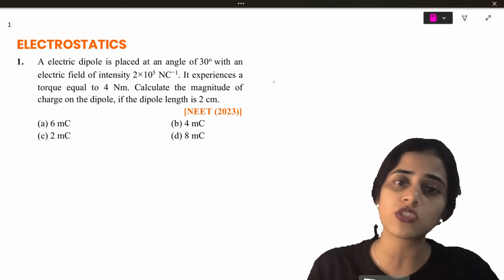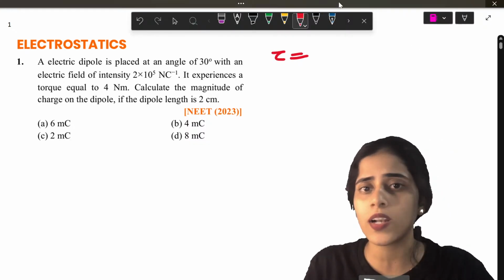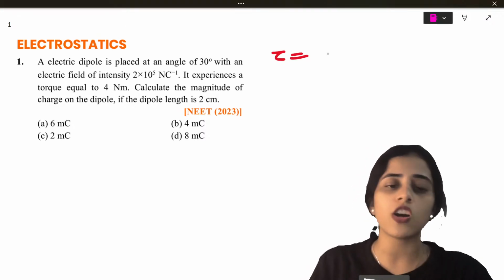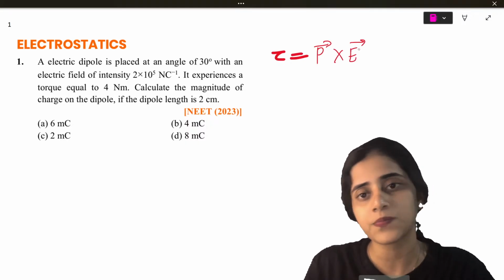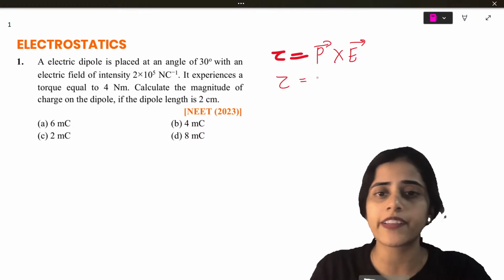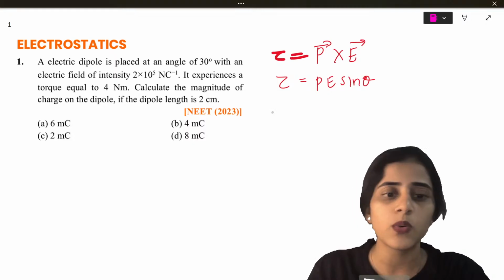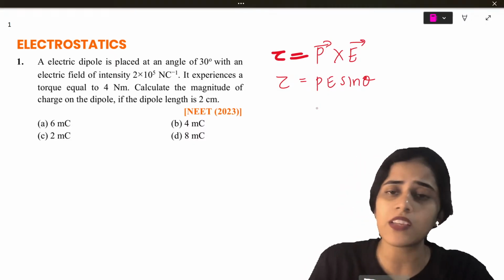So first thing you need to know, what is the formula? All of us know the formula: torque is equal to P cross E. Removing the cross product, it becomes PE sine theta. Now what is the angle? The angle is 30 degree, but P is not given to me.